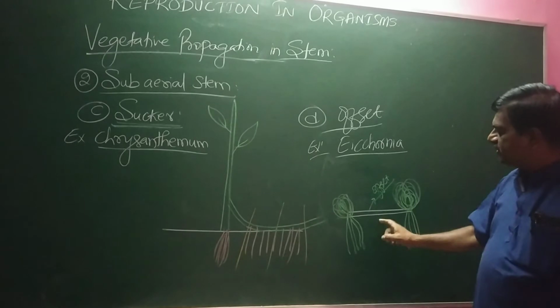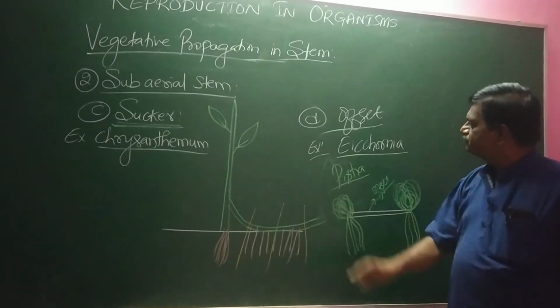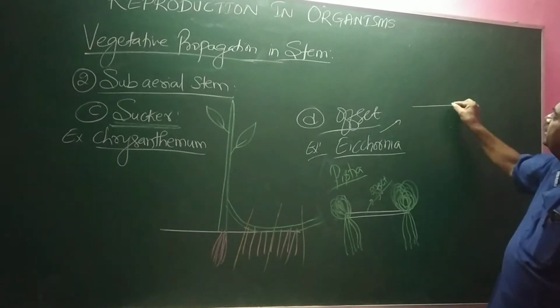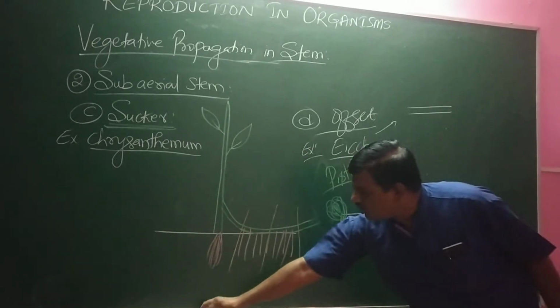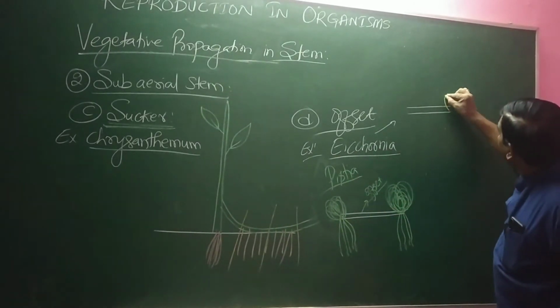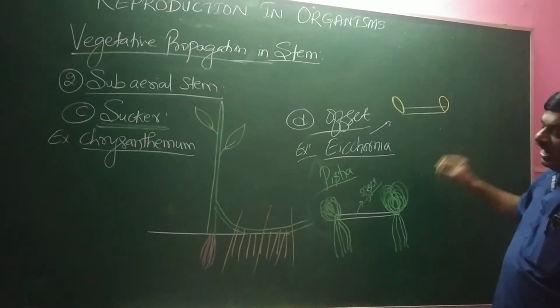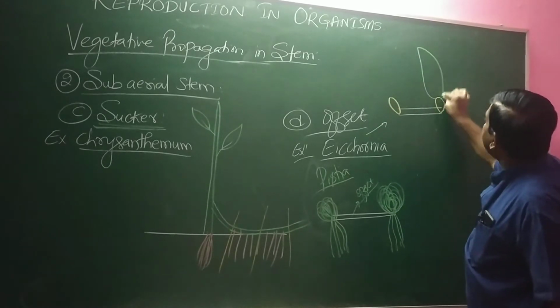This can be noticed in a plant called pistia. Whereas in Eichhornia, the stem is horizontal and has a small bulb-like structure, and this bulb gives rise to a big leaf.